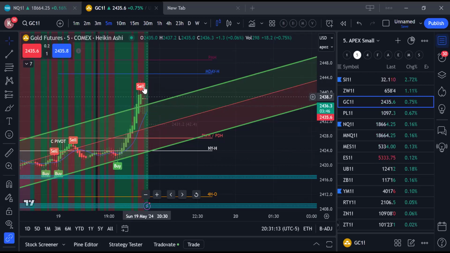Again, we can wait for the buy signal on silver and gold. Whenever we get the buy signal, again it can go up.